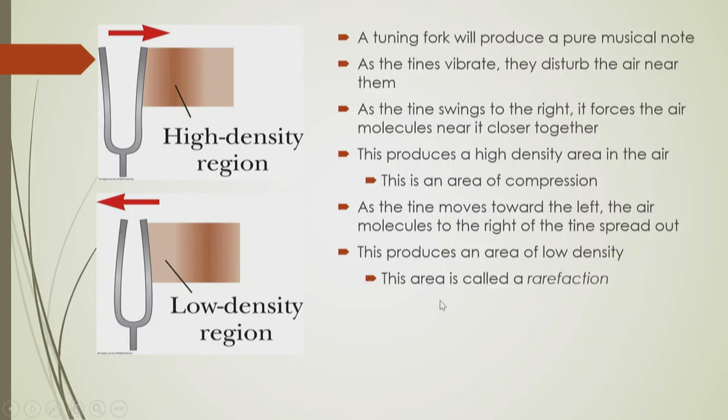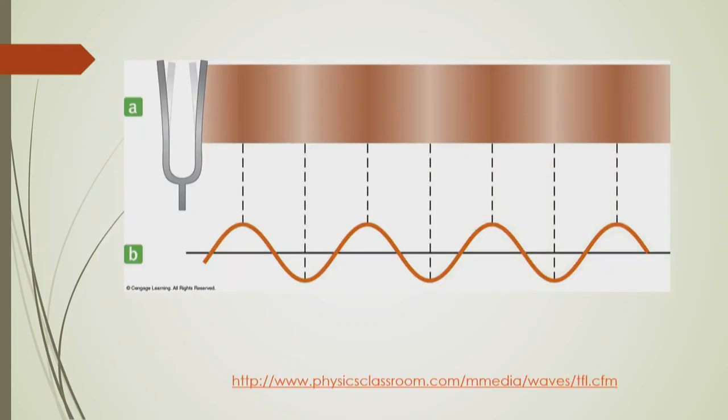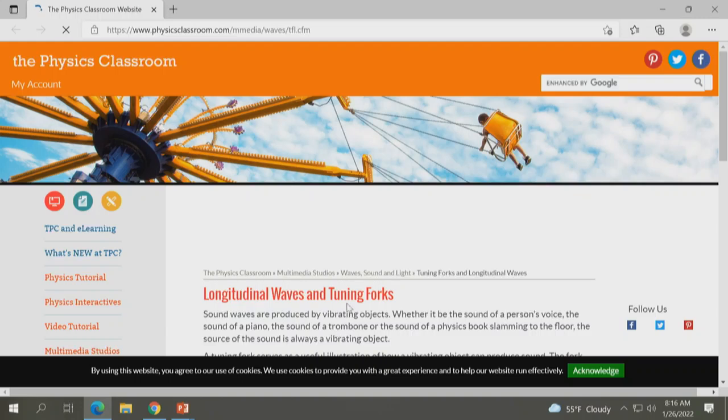So when we're thinking about sound, we're seeing a change in density. If I'm dealing with a string, we're playing with tension in the string. So here is where I have my rarefaction and my compression.